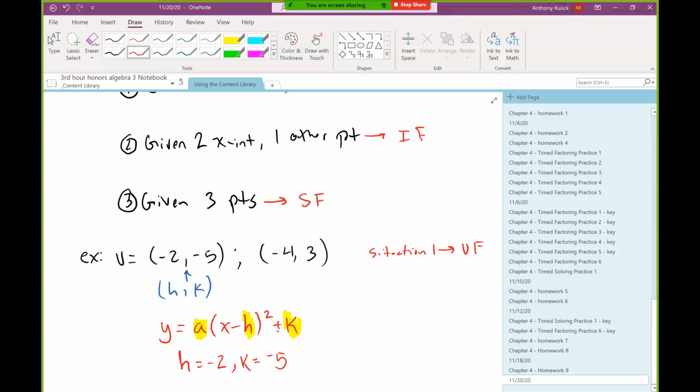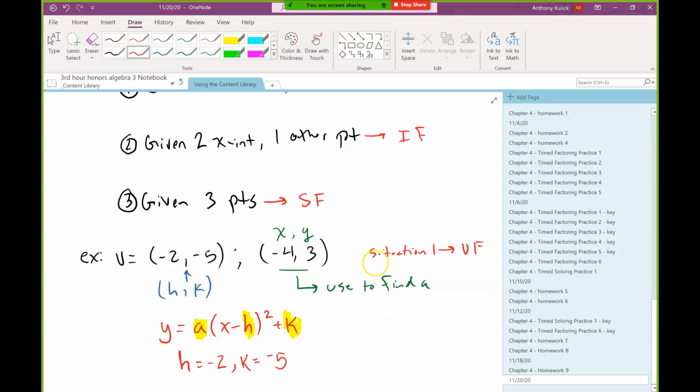We got h and we got k, really without having to do any work at all. That's lovely. We still are left to find a. So the piece that we haven't used yet, we're going to use this to find a. And the way we're going to do that is this point is an x and a y, right?